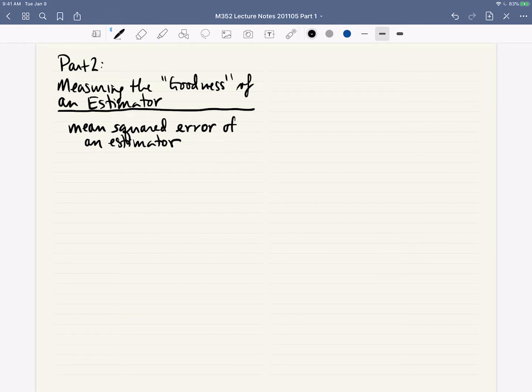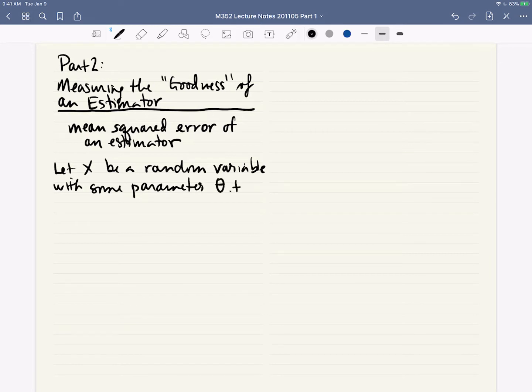So let's get to it. Let x be a random variable that has some parameter that we're going to call theta, following the book, that we want to estimate.